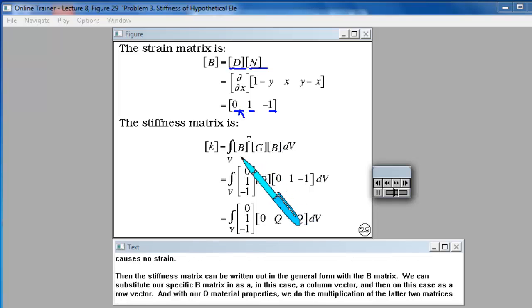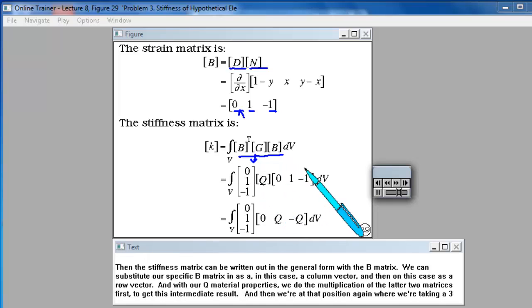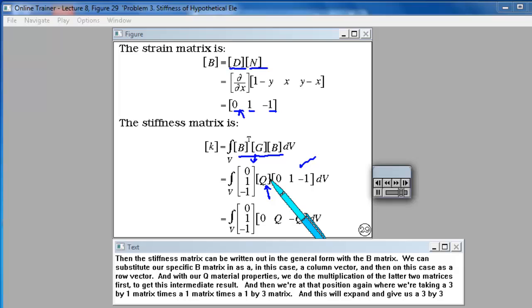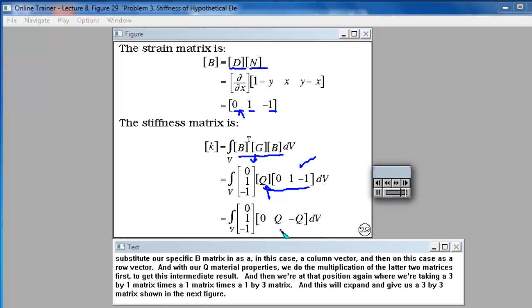Then the stiffness matrix can be written out in the general form with the B matrix. We can substitute our specific B matrix in as, in this case, a column vector, and then in this case as a row vector. And with our Q material properties, we do the multiplication of the latter 2 matrices first to get this intermediate result.